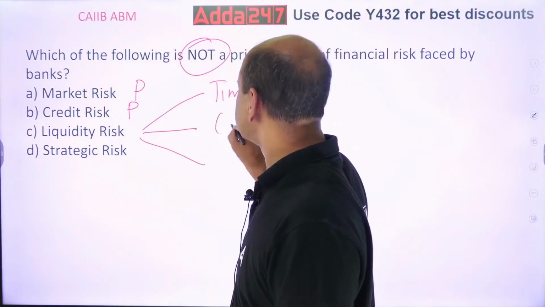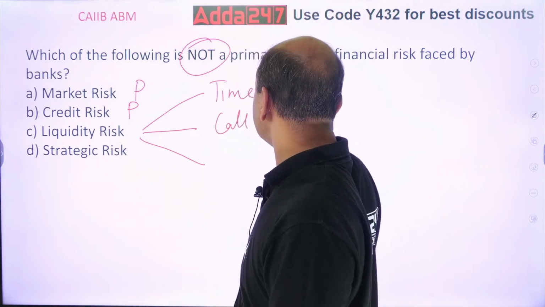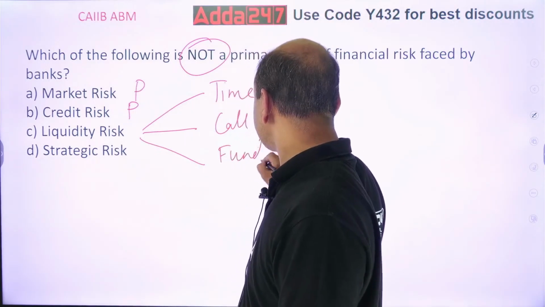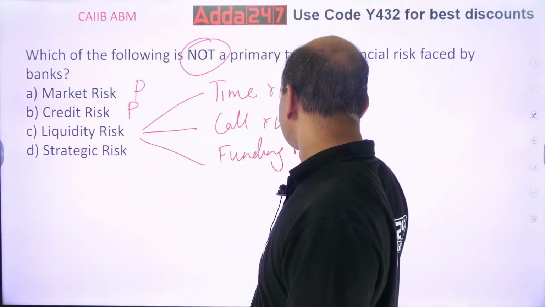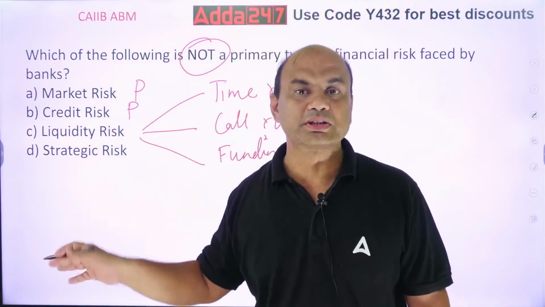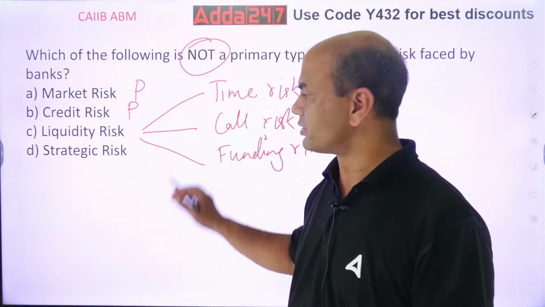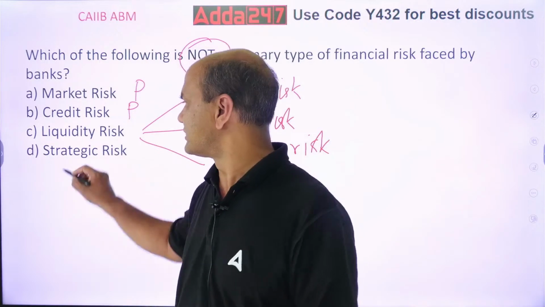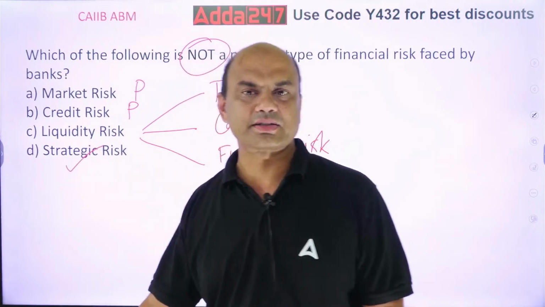Second is call risk. And third one is funding risk. Remember, although this is not the answer, you have to remember the concepts. I am not here to just give you the answers and move on. The answer is simple: strategic risk.